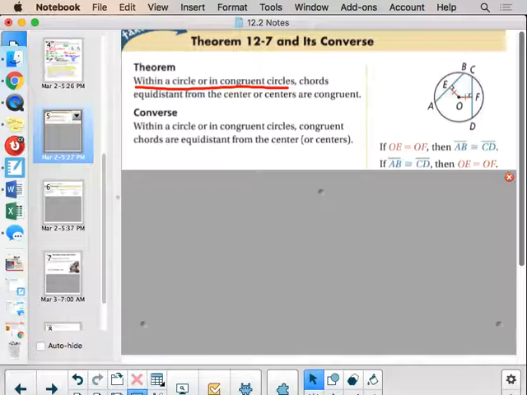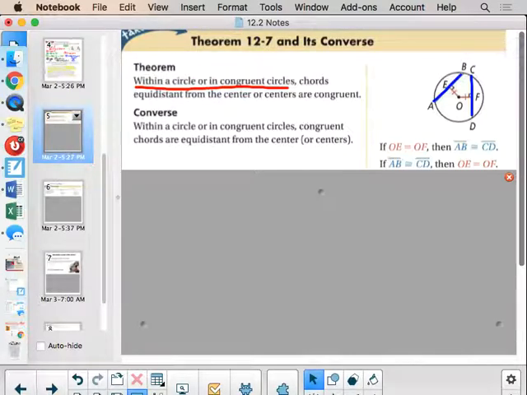So in this diagram, I notice that the distance from E to O is the same as the distance from O to F. So what that means is my chords are the same distance away from the center. And because they're the same distance away from the center, these segments here are congruent. Those chords are congruent. Does that make sense?